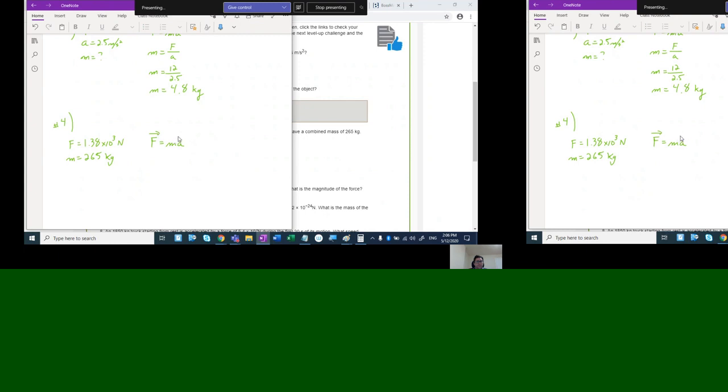You could put vectors, but again, we don't have directions. A is the question. So A would be divided by M on both sides. M cancels out. A is F over M, which is Newton's second law.